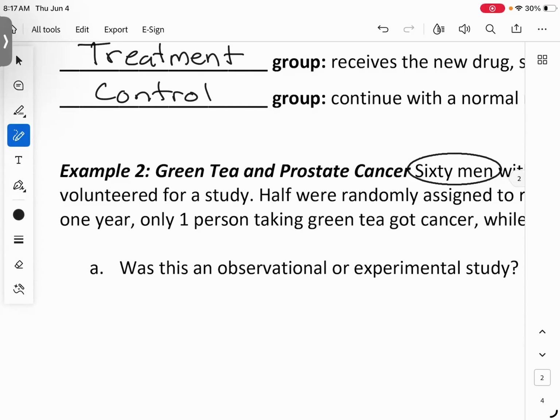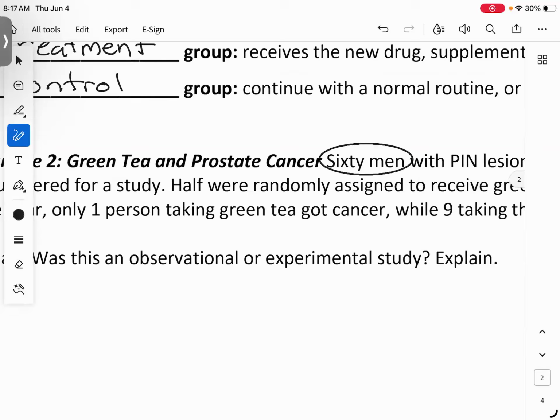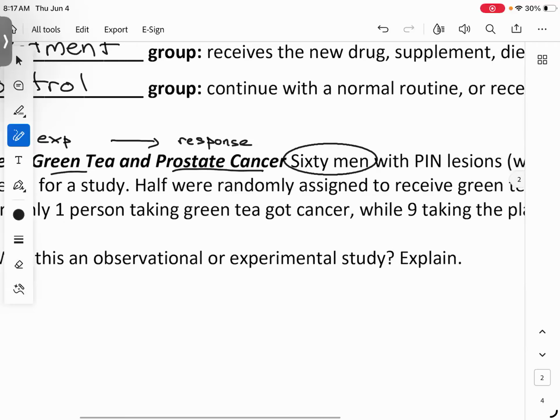So the 60 men were recruited for the study, and it was to test whether, here it is, green tea makes a difference when it comes to getting prostate cancer. So you've got your explanatory and your response variable here. And here's what they did.